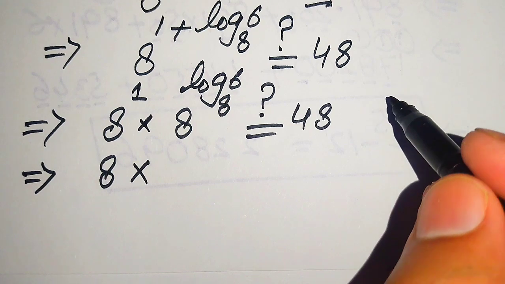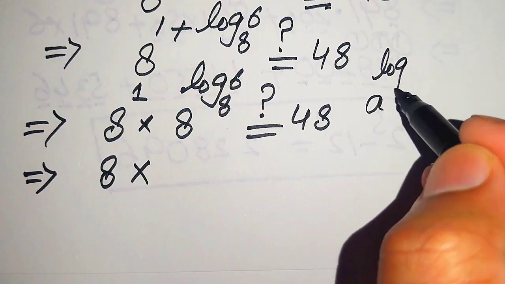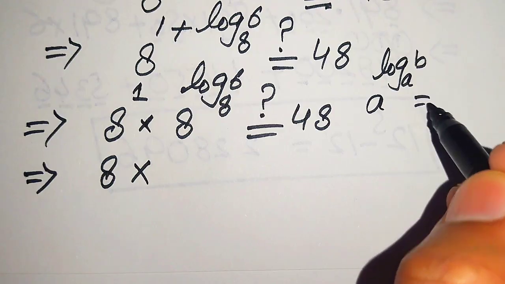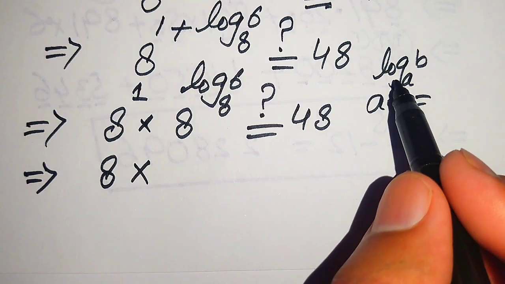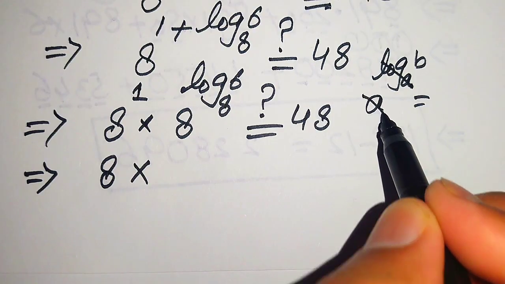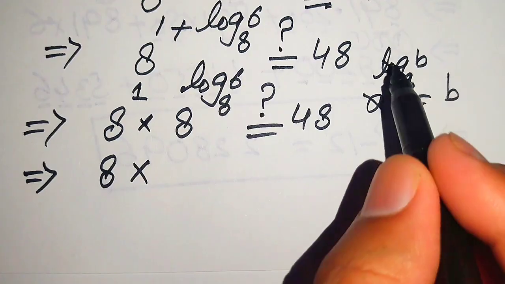You know that if we have a to the power of log b with base a, if the base of the term and the base of the log are the same, then they cancel out each other, and we get only b.